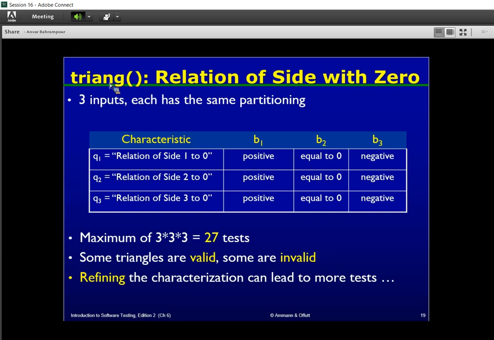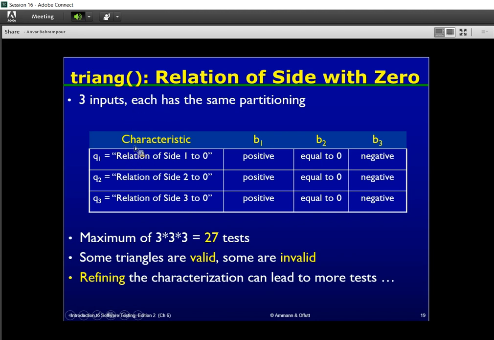As you know, a triangle has three sides, and we have three sides as the parameters of this method. The input parameters are side 1, side 2, and side 3.